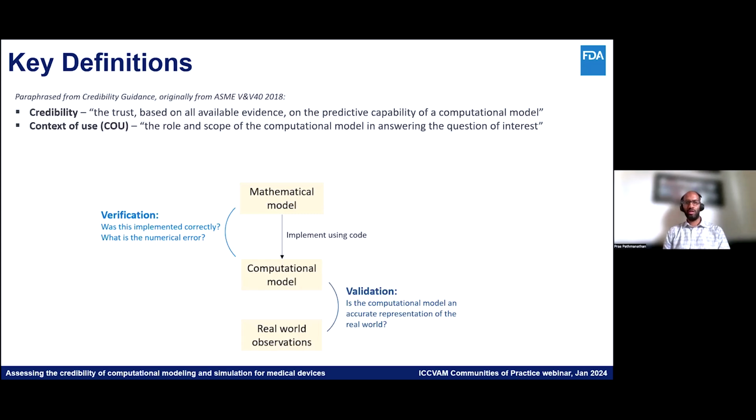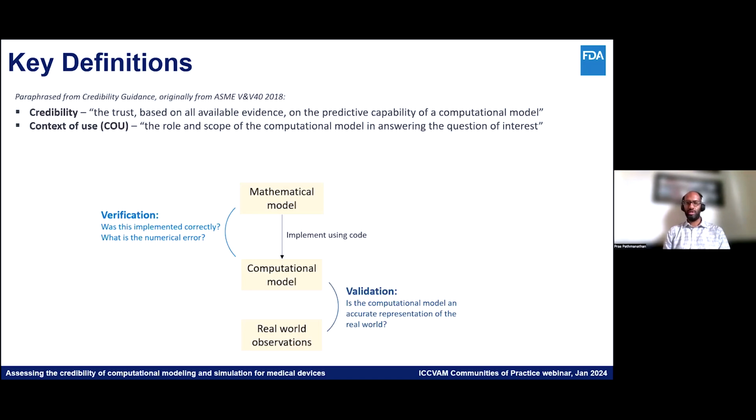Then there's two parts to evaluating models: verification and validation. And if we define a mathematical model as basically the equations and the parameters written on paper, and a computational model as a software implementation of that, then verification asks, was this implemented correctly? I.e., were there any software errors? And what is the numerical error?